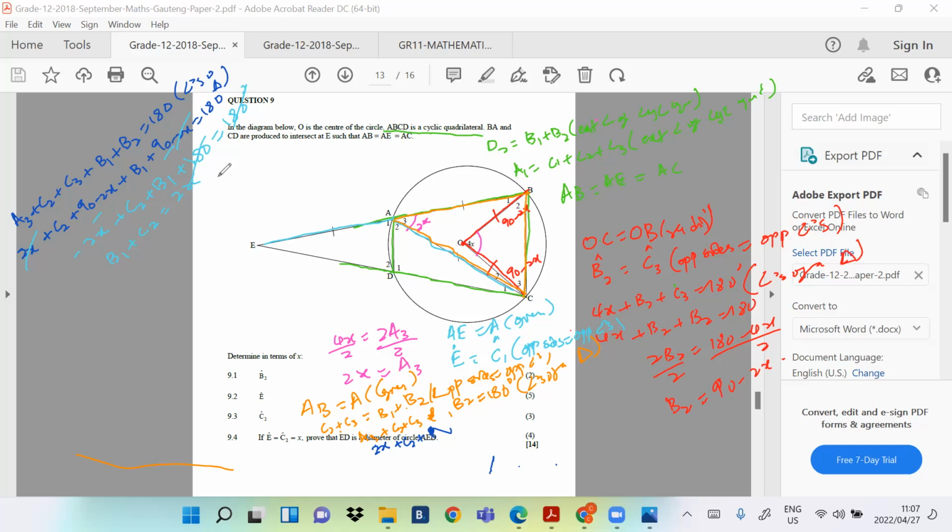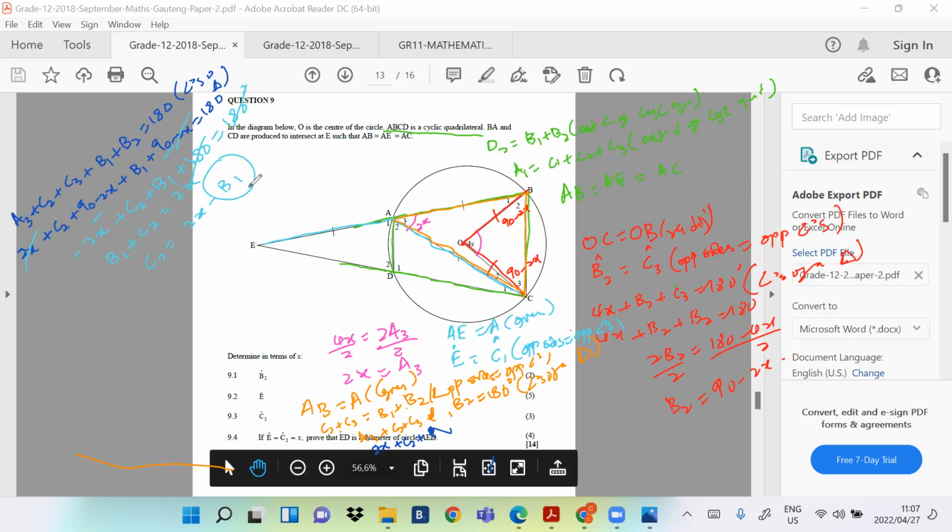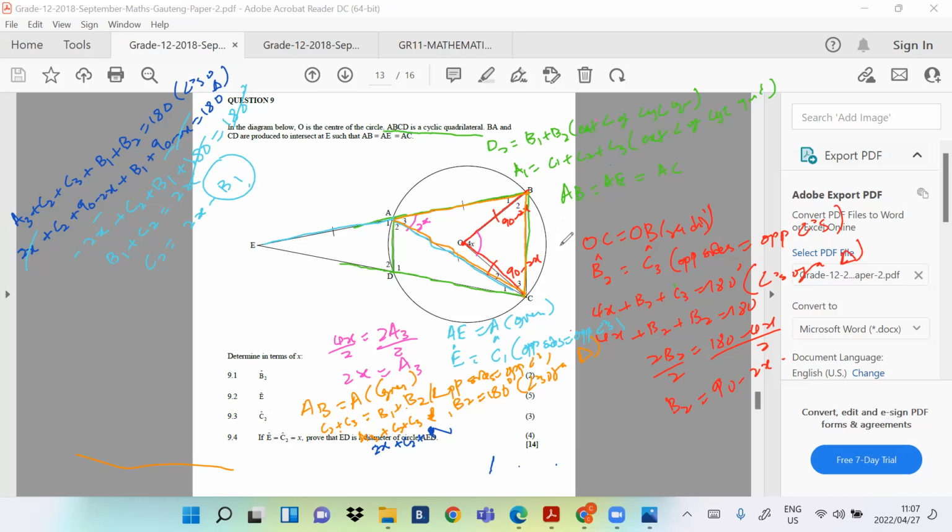Then we can say that C2 is 2x minus B1, because we want C2 at the end of the day. But now we need to know what B1 is. So that was angles of a triangle.